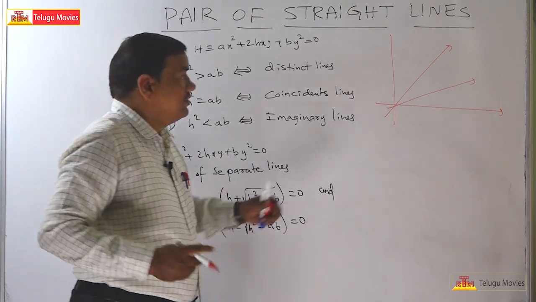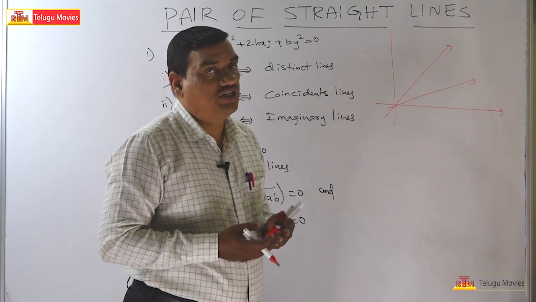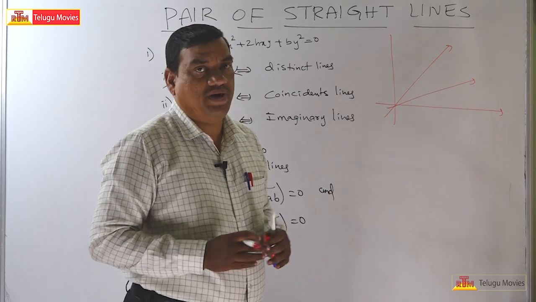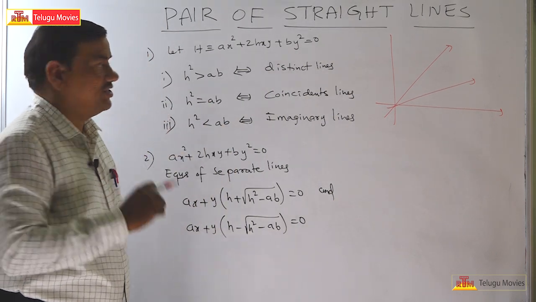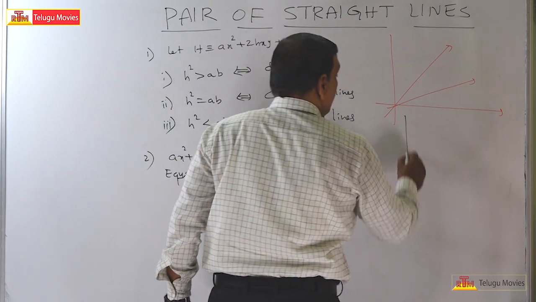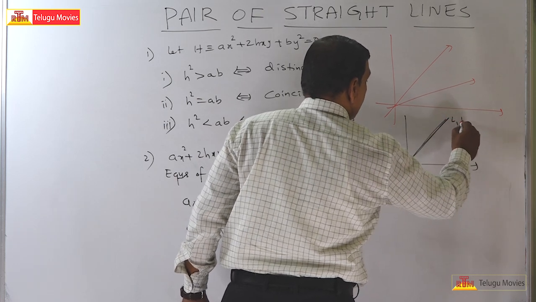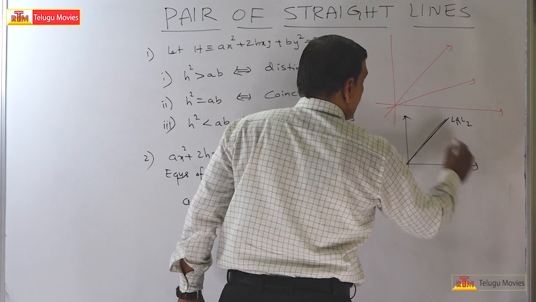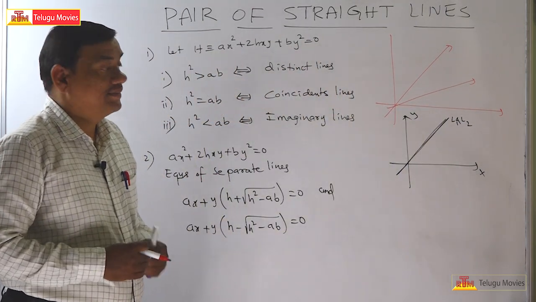These two lines either coincide, or are distinct, or are perpendicular. Coincide means, for example, here two lines L1 and L2, this is the x-axis, y-axis, and both L1 and L2 coincide.